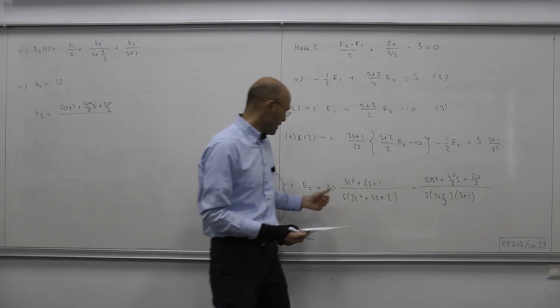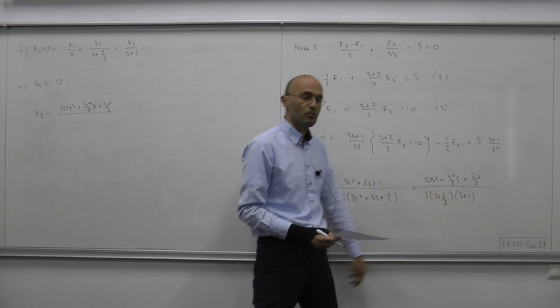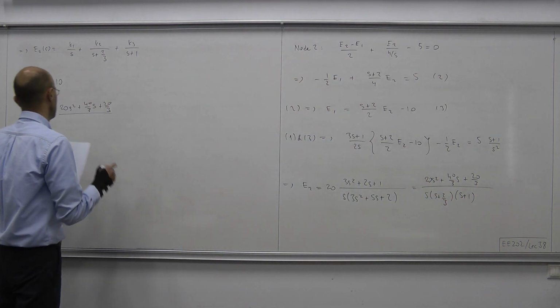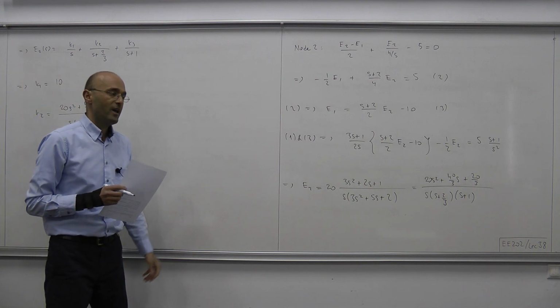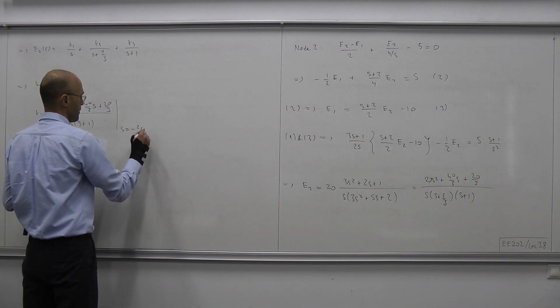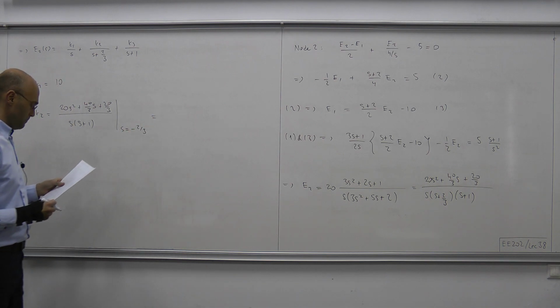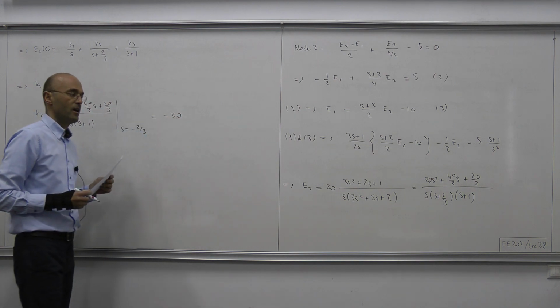And then, since we're multiplying this with s plus 2 over 3, it will cancel with this term in the denominator, and the denominator reduces to s times s plus 1. And then we evaluate this at s equals -2/3. And that produces -30.